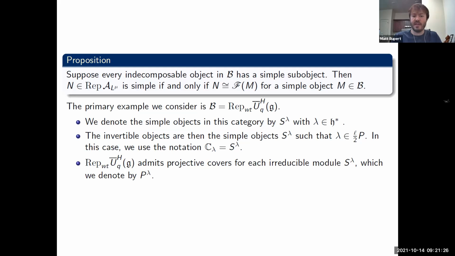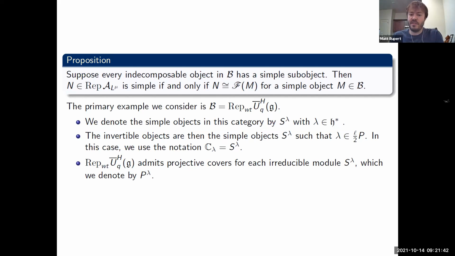So our primary example here, of course, is going to be the category of weight modules. And before I proceed, I need to just introduce some more notation. We'll denote the simple objects in this category by S lambda.